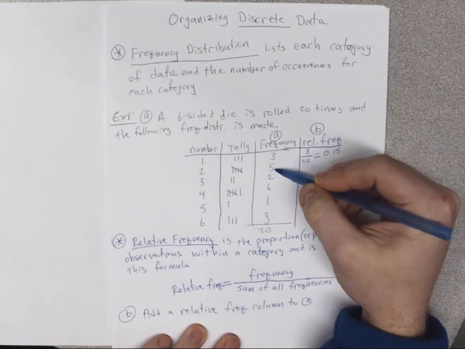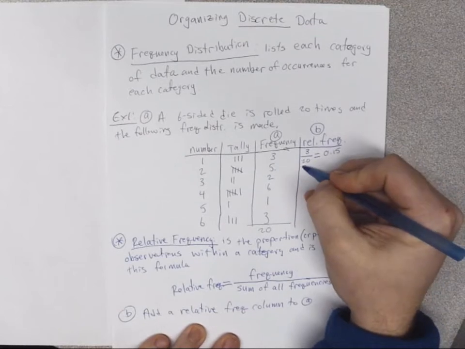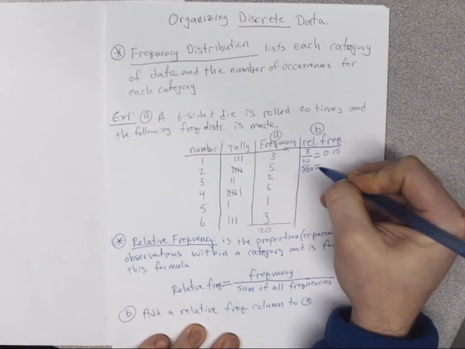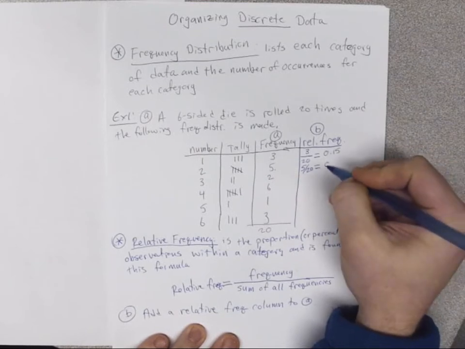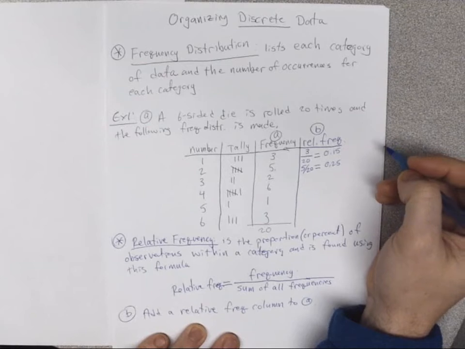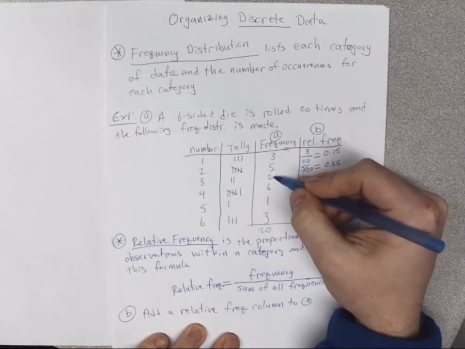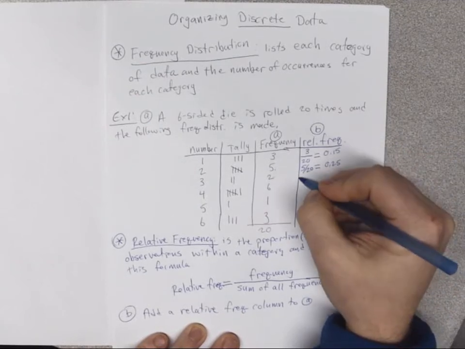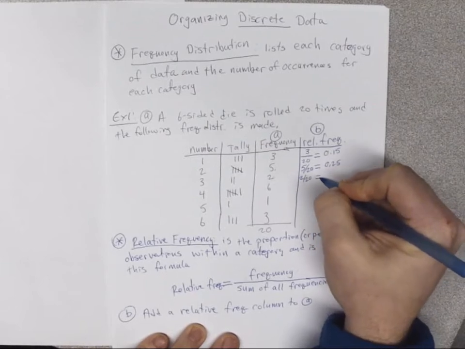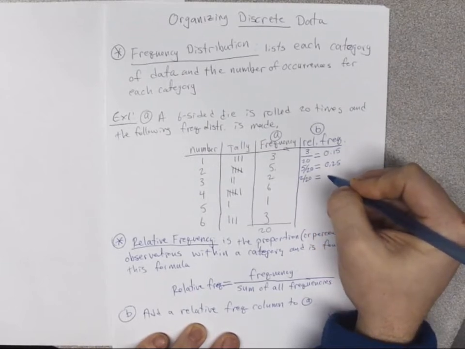So now you move on to number 2. Number 2 was rolled 5 times, and that's divided by the total number of rolls, which was 20. And that winds up being 0.25 or 25%. And keep going. Number 3 was rolled twice, so that goes on top, and that is divided by the total number of rolls, 20. That's 10%.